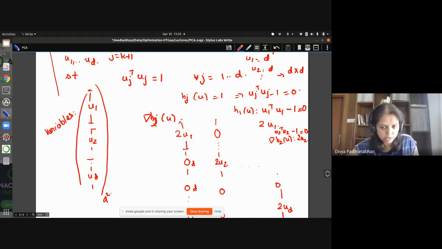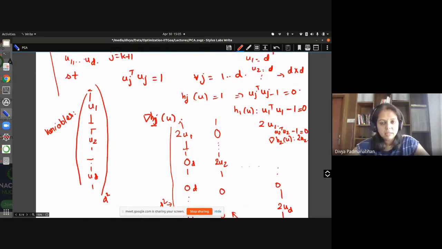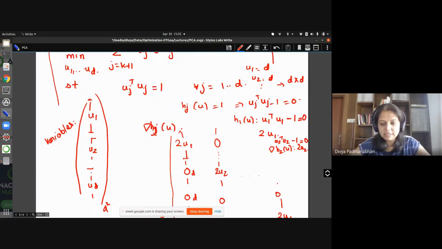So each of these gradient vectors is a vector of size d square. But what you see is that the first constraint only involves d terms, right?